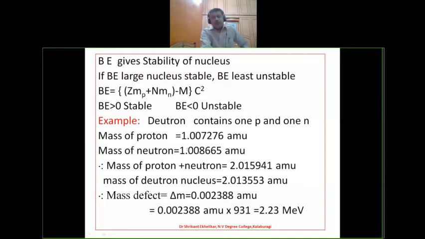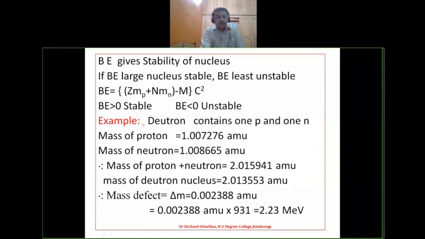The mass of a proton is 1.007276 atomic mass units, and the mass of a neutron is 1.008665 atomic mass units. This data will be given to you. Knowing these, if you add them separately, the mass of 1 proton plus the mass of 1 neutron is 2.015941 atomic mass units.